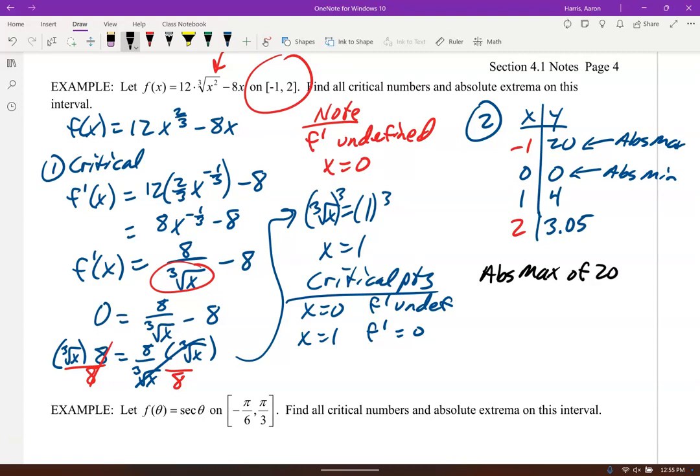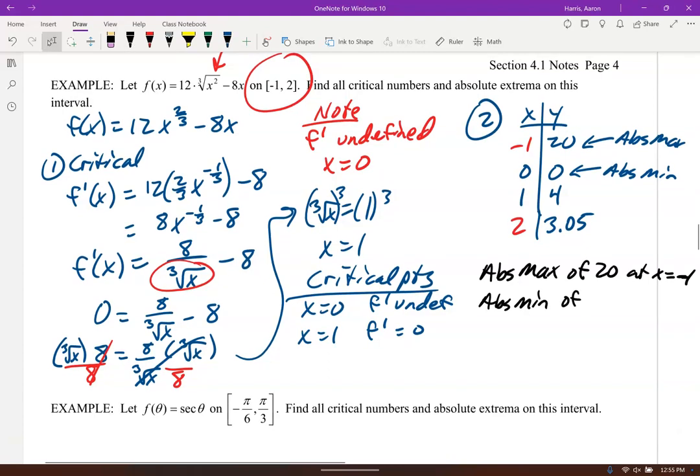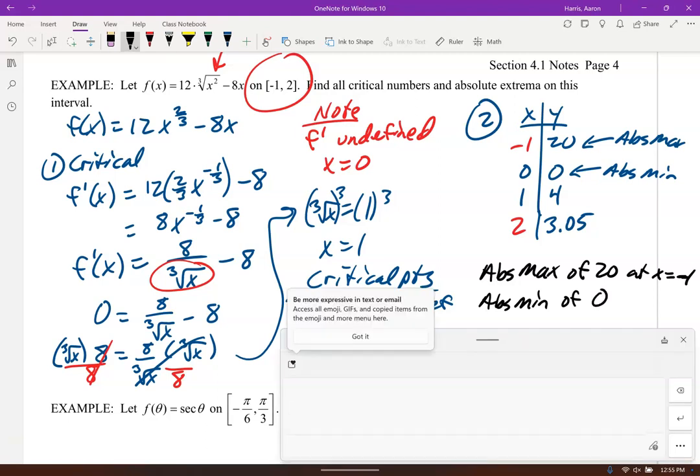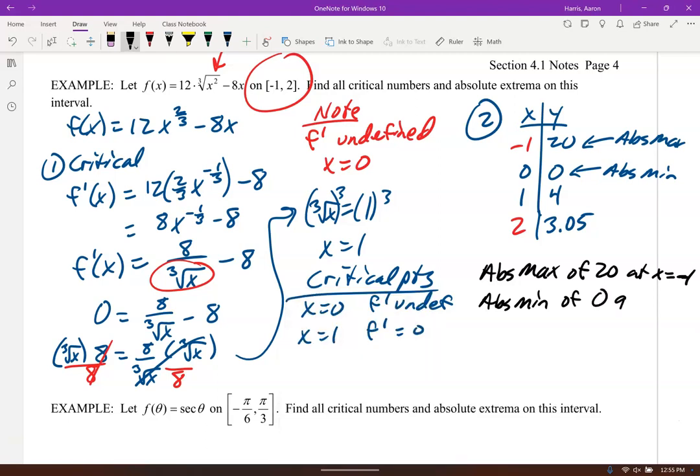That's the functional value, and it occurs at x being -1. We have an absolute min, the lowest point on the interval from -1 to 2. The absolute lowest point is 0, at x being 0. And there's our solution for that one.